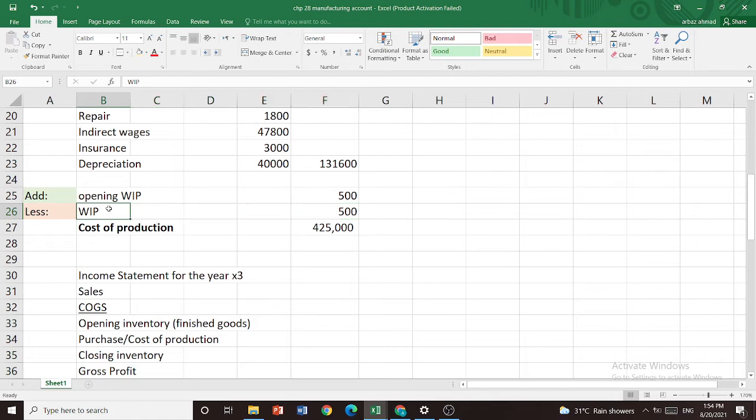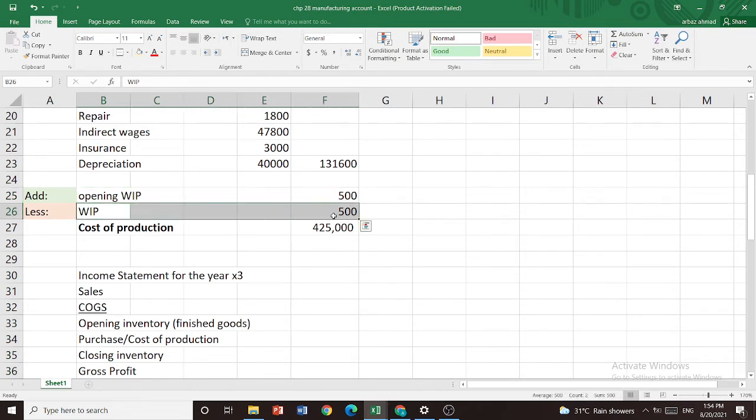So let's say you were making a calculator, but then it was time to go back home, so you left the calculator like that and you went back home. So that is called work in progress. But when you came tomorrow to continue that, that will be opening work in progress. I know this amount is the same, but it is not supposed to be the same, I mean it can be different, because this is from last year, what you left last year and you brought forward this year.